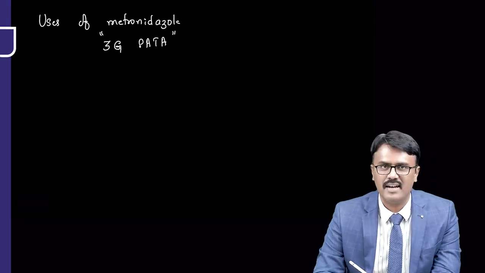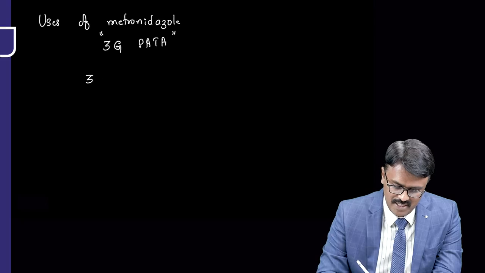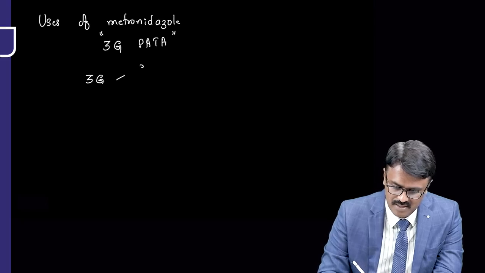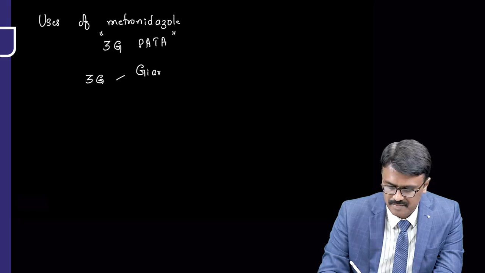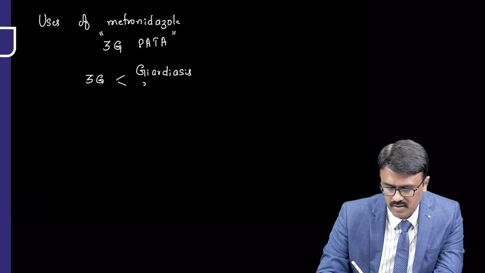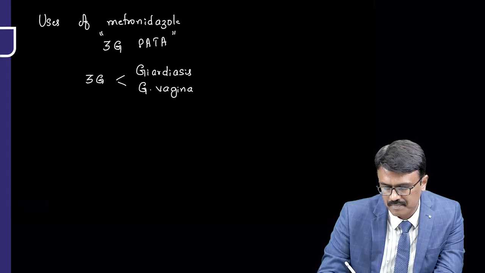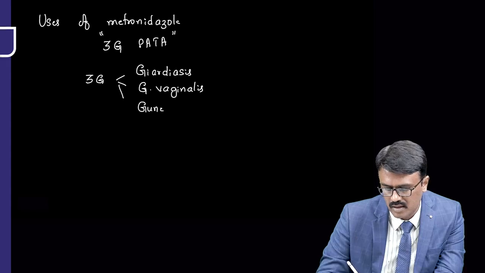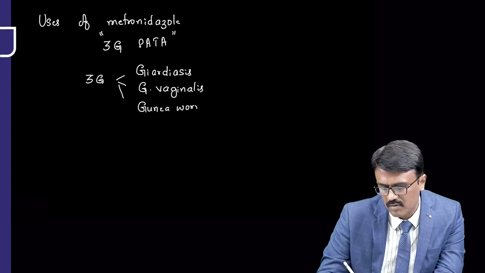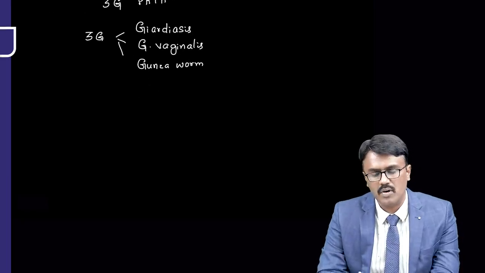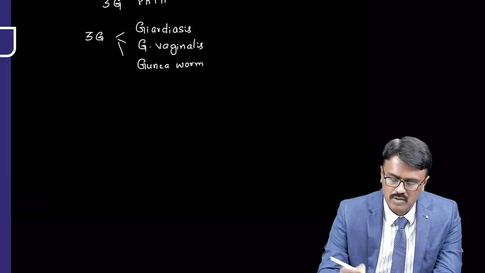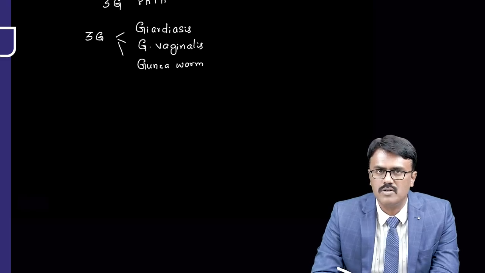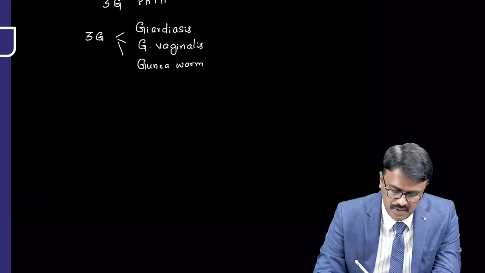We'll find out now. 3G stands for giardiasis, and one more G stands for Gardnerella vaginalis, and one more is Guinea worm. Guinea worm has already been eradicated from our country, but metronidazole is also used for Guinea worm infection.